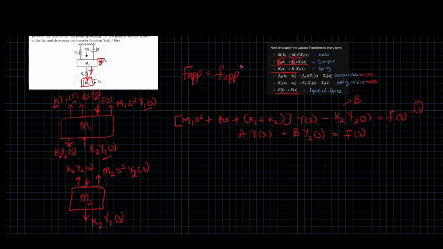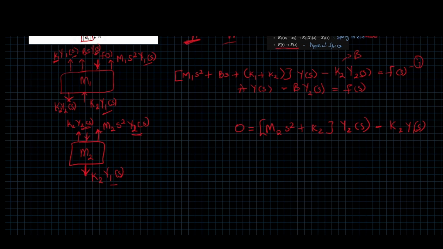If you write out the equation, it's going to be K2 Y1(S) equal to the opposing forces, which is M2 S squared plus K2, times Y2(S). You can just take this to the other side to make it one and the same: minus K2 Y1(S), and everything will be equal to 0.